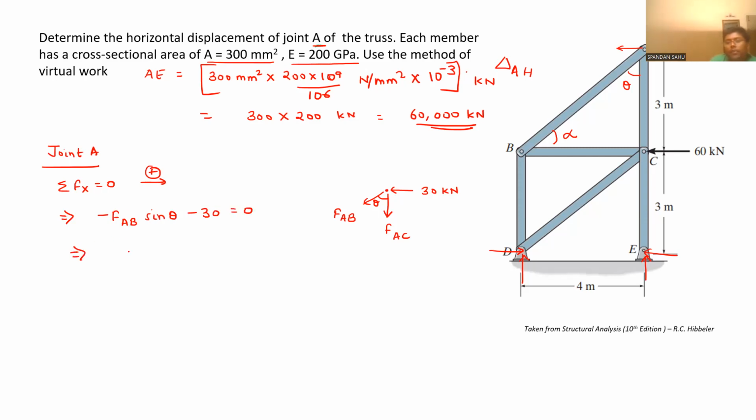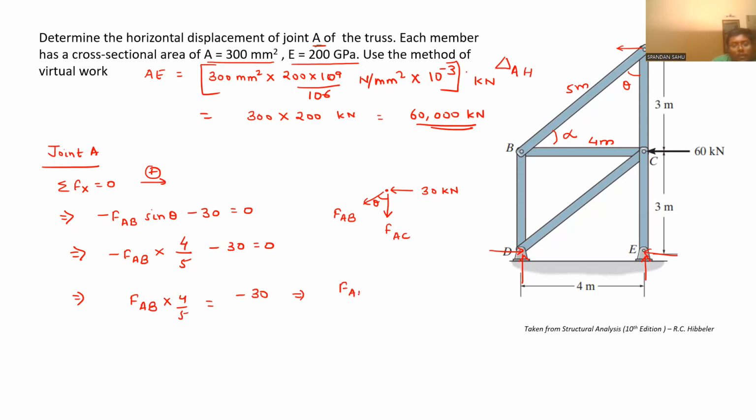So minus FAB, and the sine theta value will be, this is 4 meter and this is 5 meter, so 4 by 5, minus 30 equal to 0. From here, FAB into 4 by 5 will be equal to minus 30.